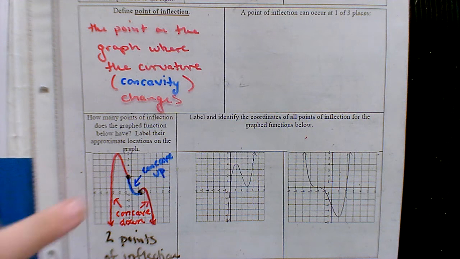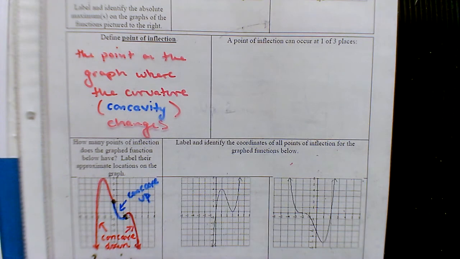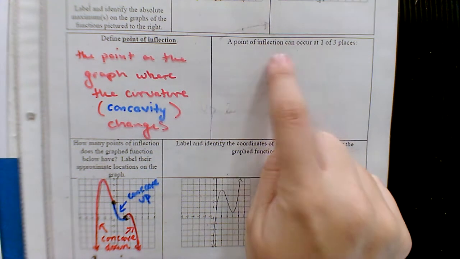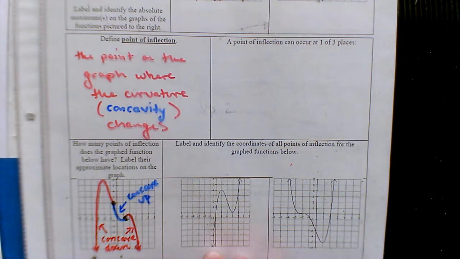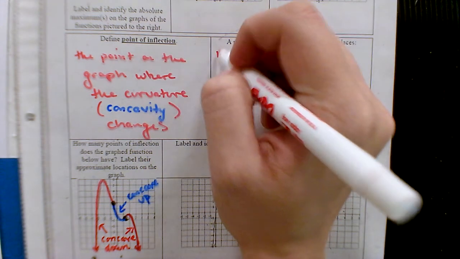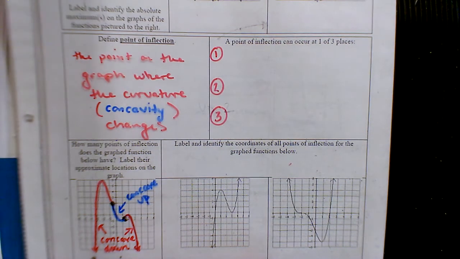Okay, now if we can identify how many points of inflection we have, maybe we can also identify specifically the point values themselves, like the ordered pairs. So we're going to discuss kind of where these points of inflection happen. And then we actually have three things or three places where a point of inflection can occur, okay, where the concavity changes.